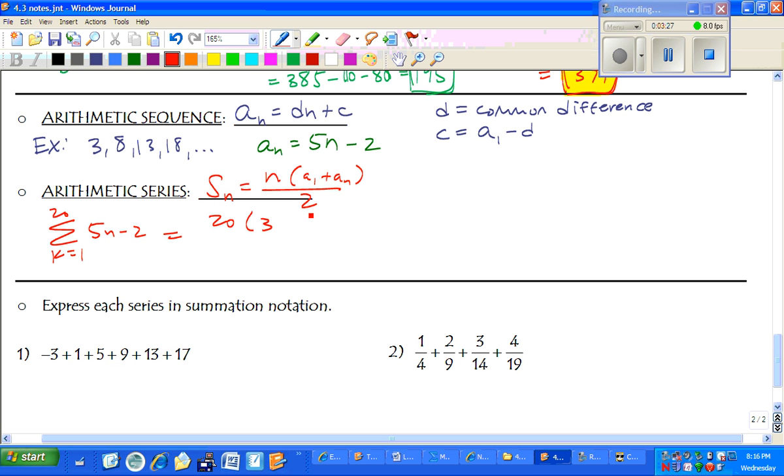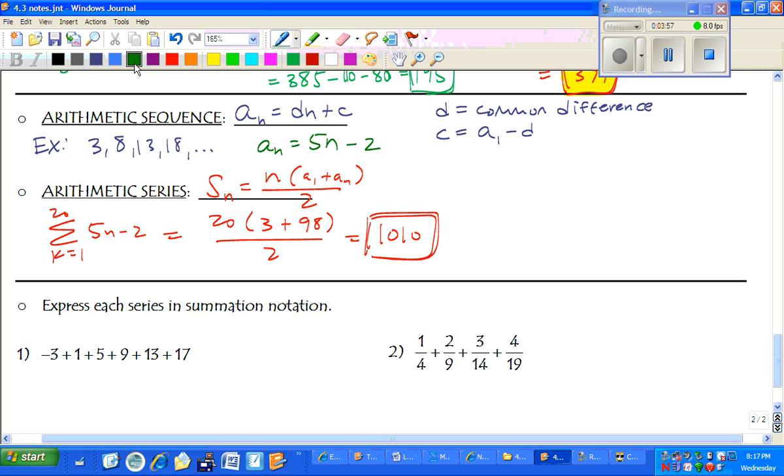You can kind of see up there also. Plus our 20th term, if we put 20 in, 5 times 20, 100 minus 2 gives us 98, all over 2. So that would give us 1010. Again, we could break it down like we did up there, but this is just another special formula for arithmetic series. If it fits this formula, a number times n plus another number.